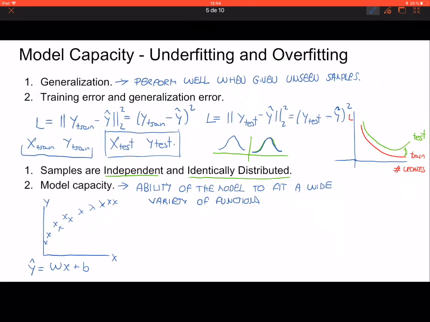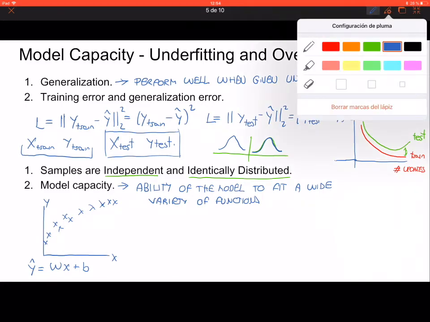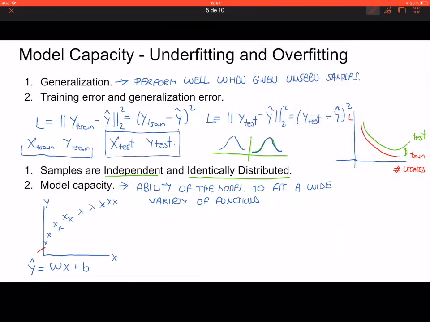So if we plot this, it will look like a straight line. Now, this model cannot fit this data, it does not have the capacity to model the behavior of the data, and we call this problem underfitting.